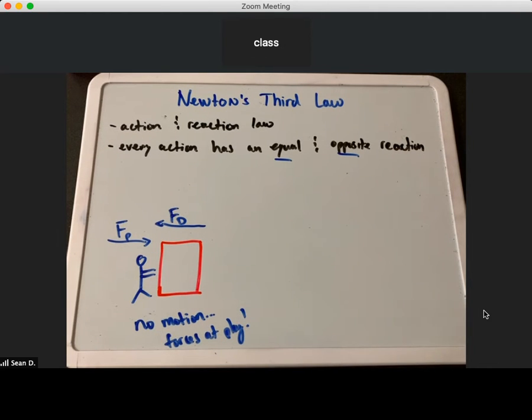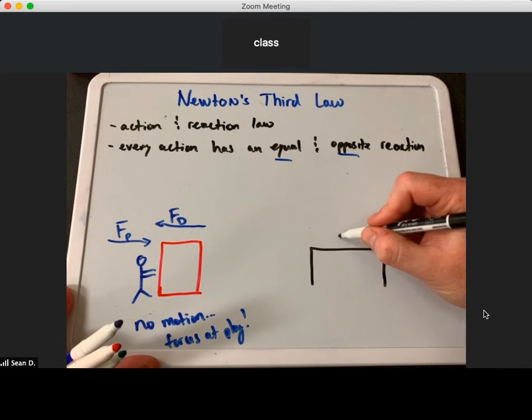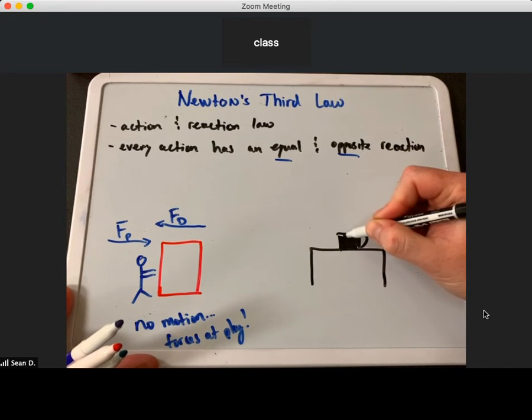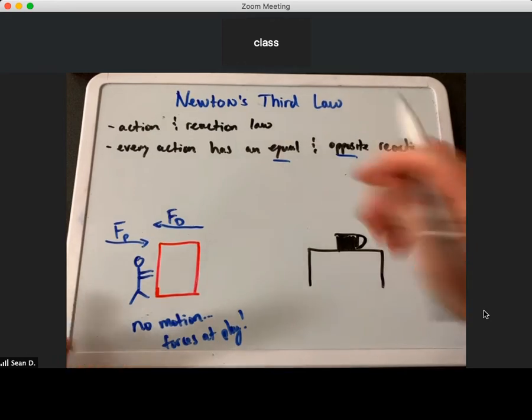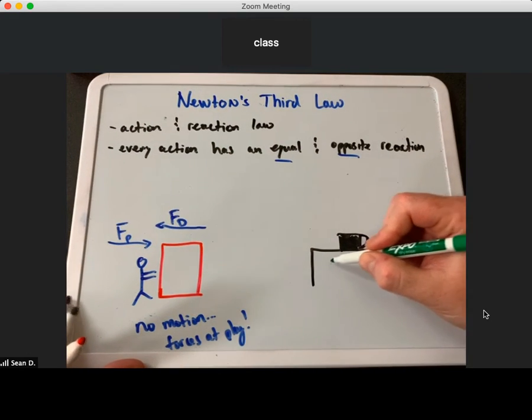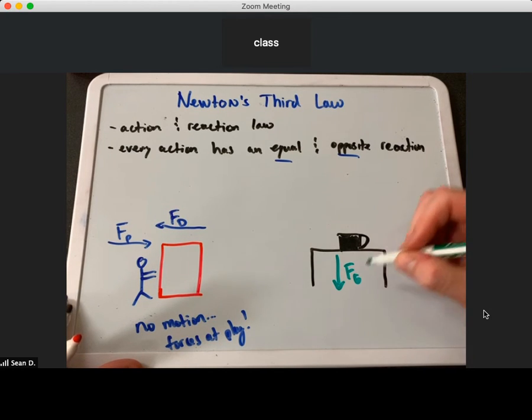Another example can be observed when you have a coffee cup sitting on a desk. The cup feels a force of gravity pulling it down towards the center of the earth.